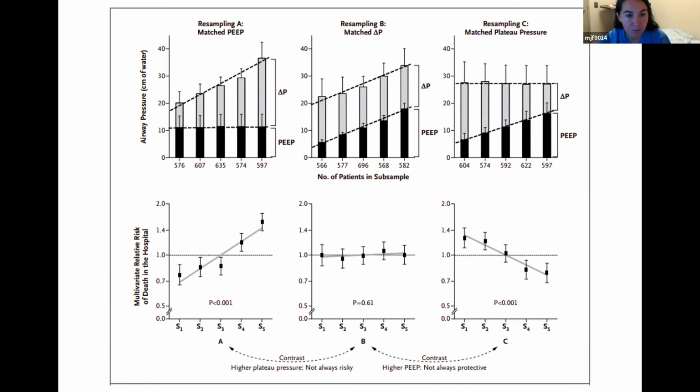If the driving pressure remained constant, even if the PEEP went up, this didn't affect mortality. And then here, when you had a decrease in your driving pressure, even with that increase in PEEP, you had a decrease in your mortality. So this could explain why some of those higher PEEP trials weren't able to reach significance, because maybe it's actually the driving pressure that's the more important factor and not so much the PEEP.